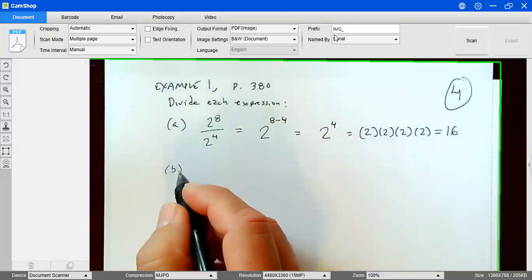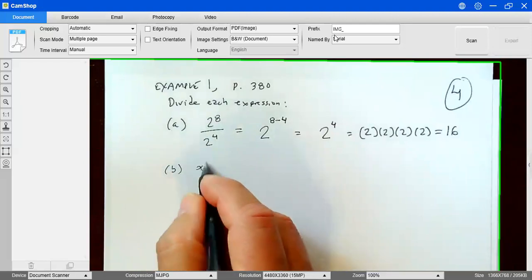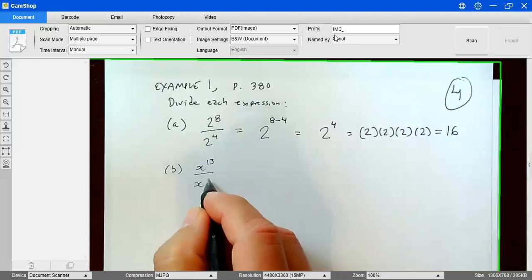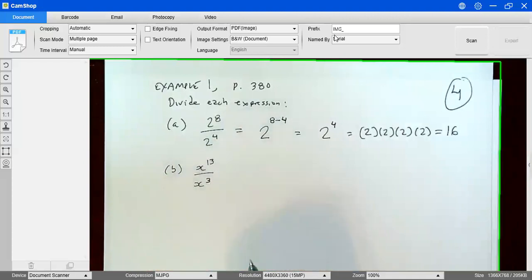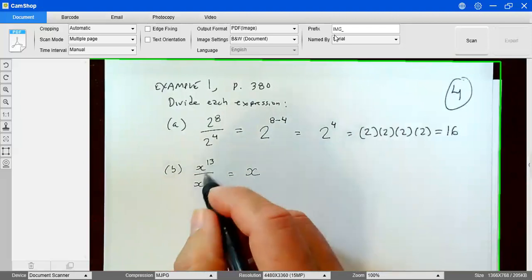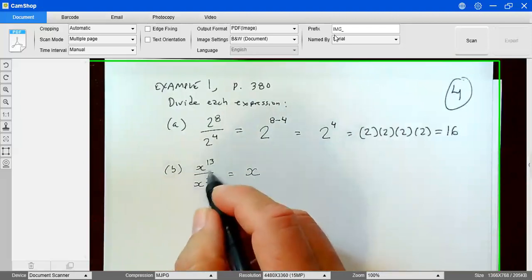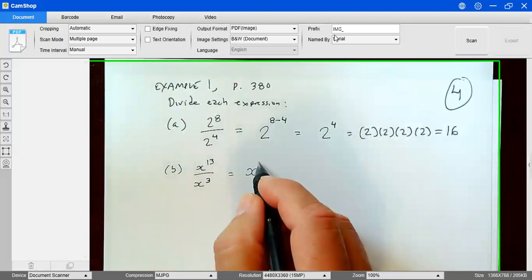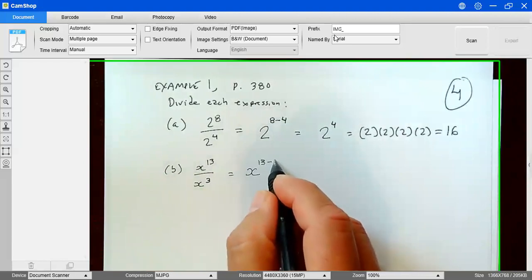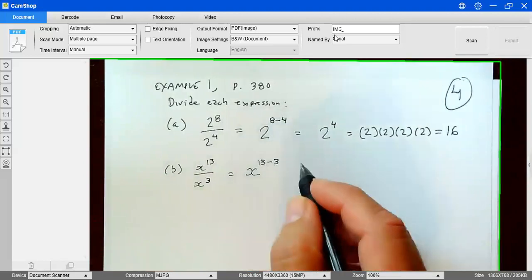Then we have another case, x to the 13th power over x to the 3rd power. Now the base is x, and since this is a division, we're going to subtract the exponent. So we're going to write the exponent from the numerator minus the exponent from the denominator.